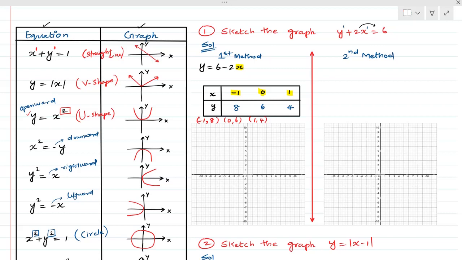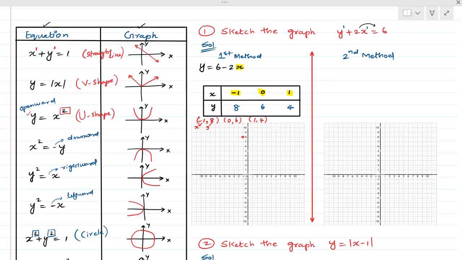It will be here, not there. The first term is the x coordinate, the second is the y coordinate. This is the x value, this is the y value. x equals -1, y equals 8. So this is the first point.